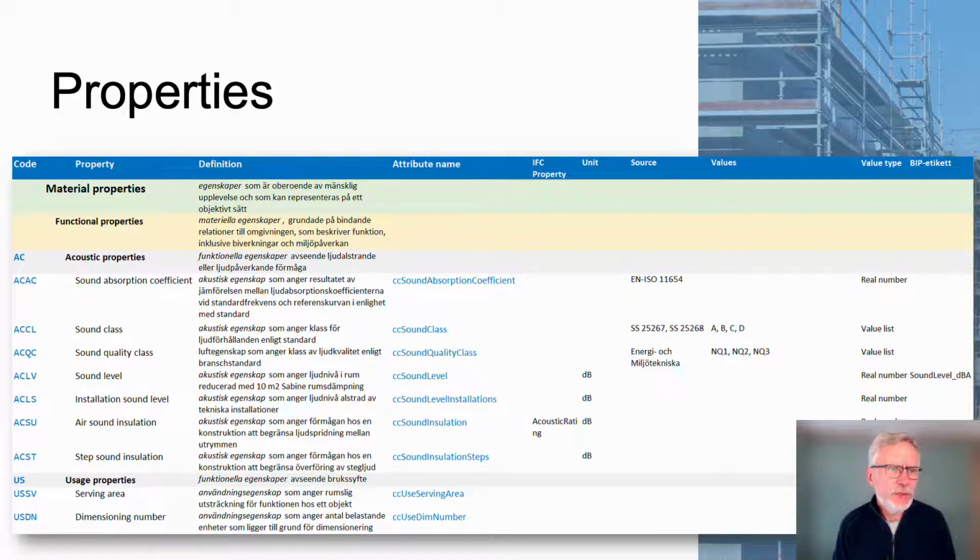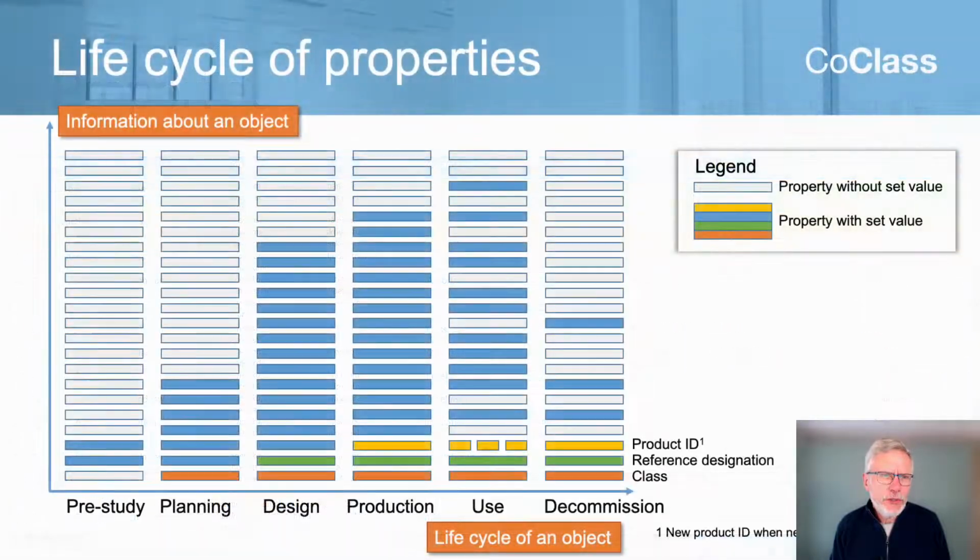CC sound absorption coefficient, for instance. Then, if possible, we also have a source, in this case a European standard, the type of value it is, and so on. So these properties can then be assigned to objects.